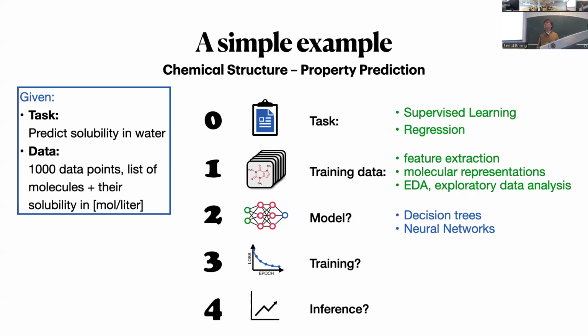Any questions so far? Yes. Very good point. Okay, I see you already advanced. Because you're right. I told you that SMILES strings are not unique. You can write different SMILES strings for a molecule.